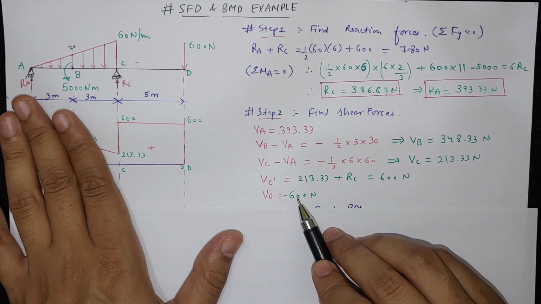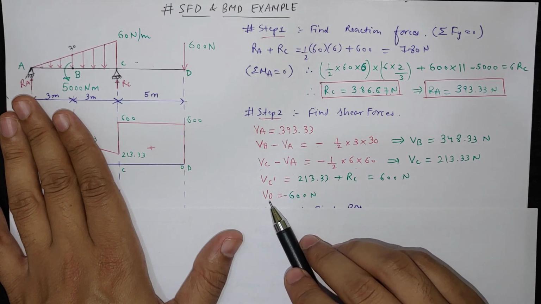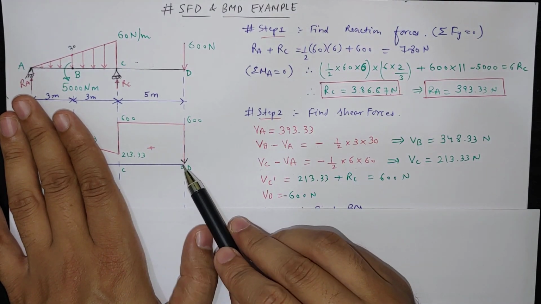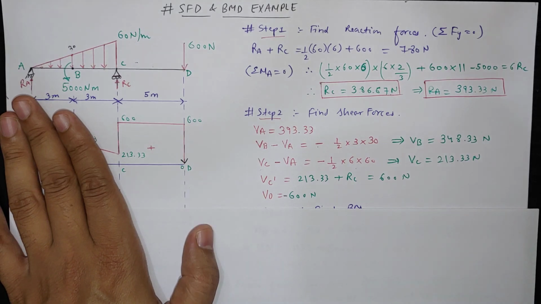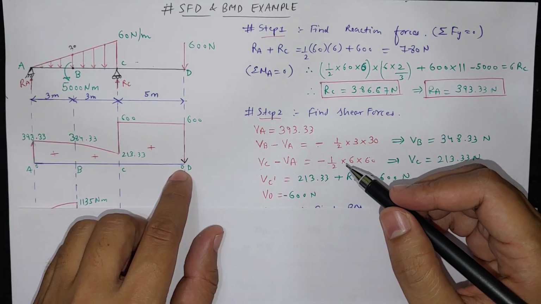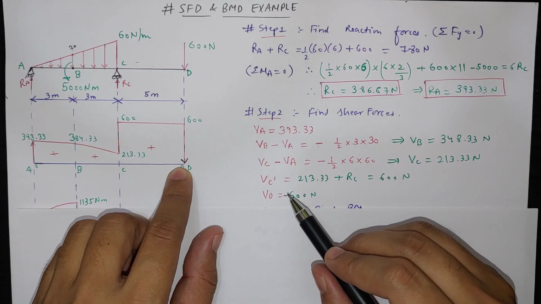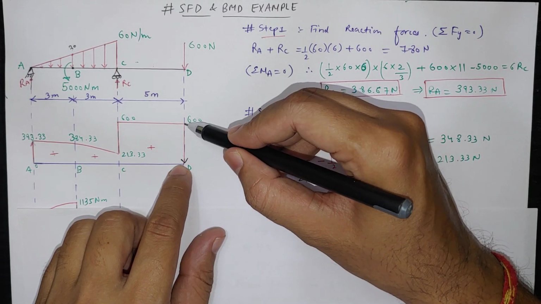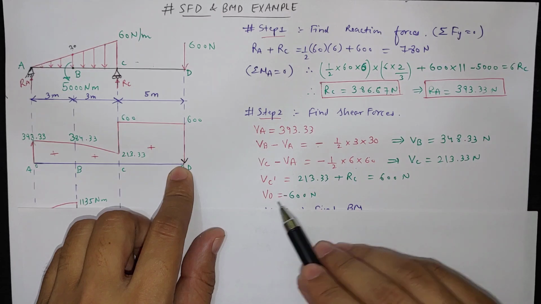So shear force after coming to D point, that will again come to 0, so that is in minus direction. So again at a D point it will come to 0. But if it is asked in question what is a shear force, then we have to tell entire magnitude, which is equal to 600.